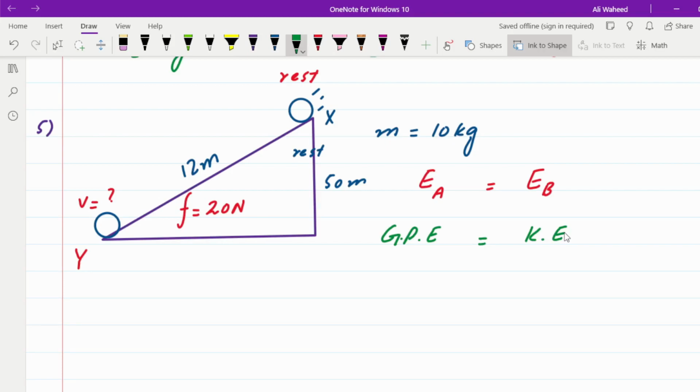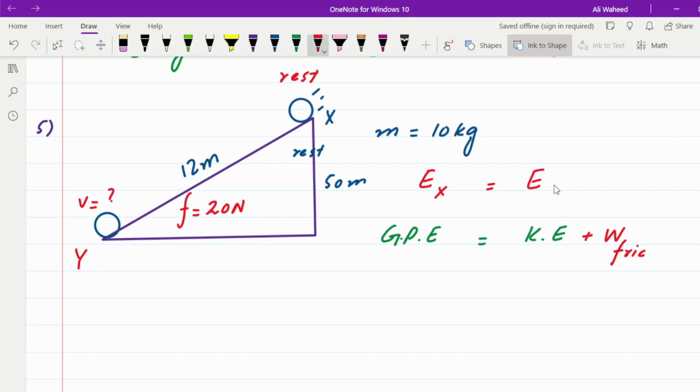In matter of fact, as the ball rolls down the slope, part of your GPE would be dissipated in form of heat, because the work would be done against the friction as well. So we add the work done against friction at the end Y. So this was X and this was a point Y.